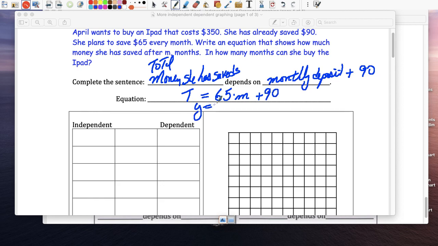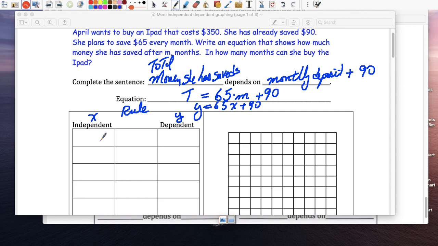So y equals 65x plus 90. Right? So again, let me write the rule. This is my x, this is my y. Let's do 2, 4, 6, 8 months.